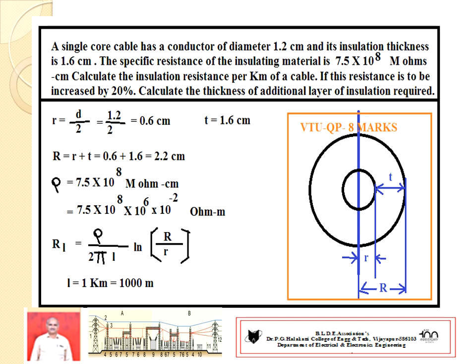Therefore, insulation resistance R1, that should be equal to resistivity divided by 2 pi L ln capital R by small r. Here this problem is taken natural logarithm ln capital R by small r.